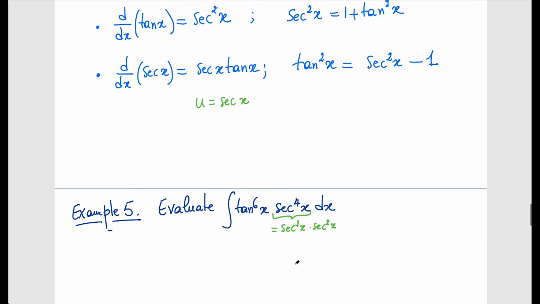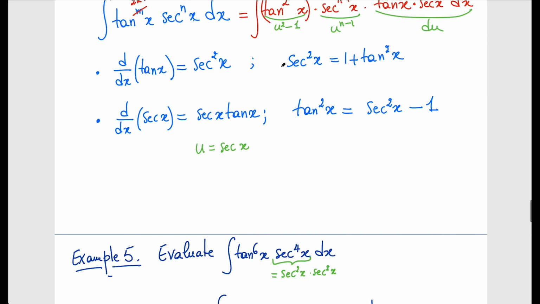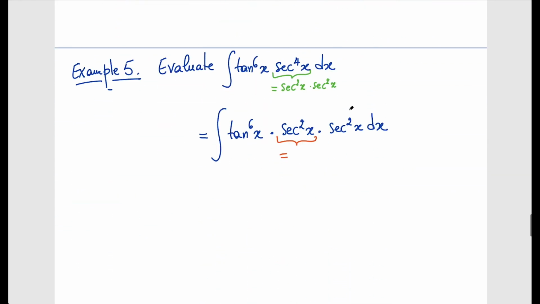Okay, so concretely, this is what I'm saying. This is equal to the primitive of tangent to power 6 x times secant squared x times secant squared x dx. And don't forget that secant squared is 1 plus tan squared.